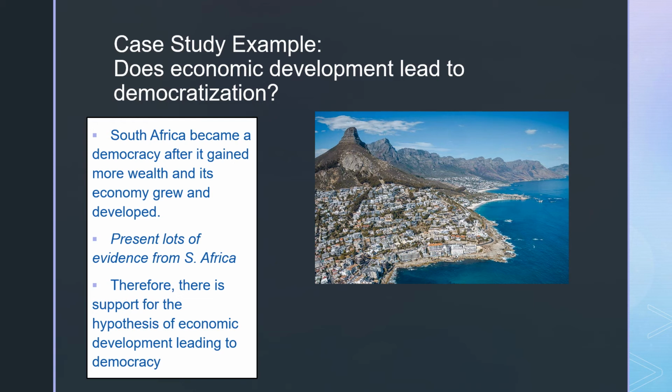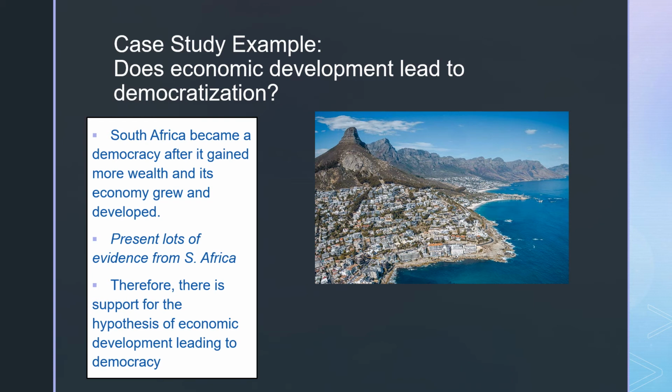So let's say that we want to look at our idea of whether economic development leads to democratization in a country. We could do a lot of research on South Africa's history and on their economy and their economic development, and we could look and see that South Africa became a democracy after it gained more wealth and its economy grew and developed. Therefore, we might say that our case study supports the hypothesis that in all countries, economic development leads to democracy.